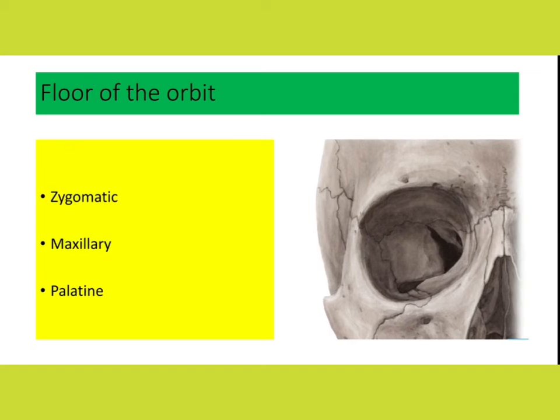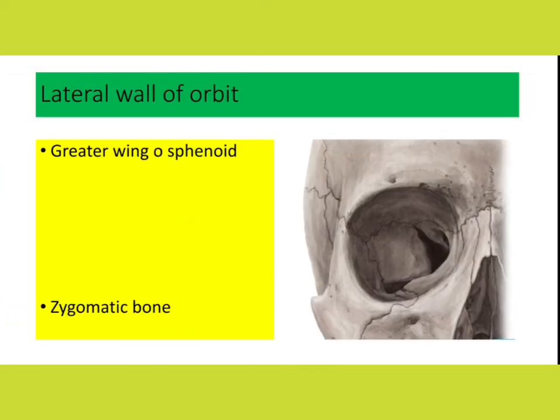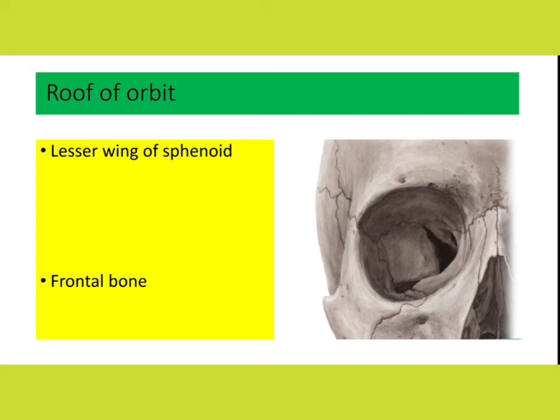And the floor of the orbit is made by the zygomatic bone, maxillary and palatine bone. Here is the palatine bone. So just read about which bones make which wall, and match these bones with a picture so that you can memorize it properly.